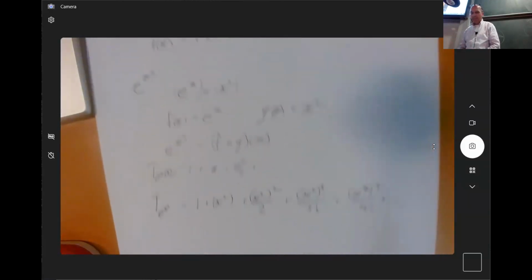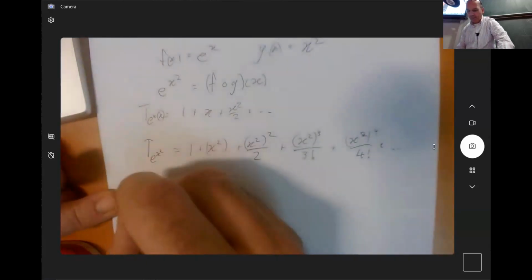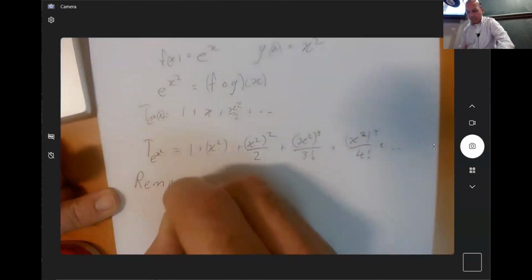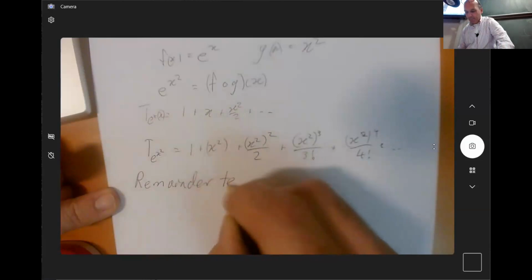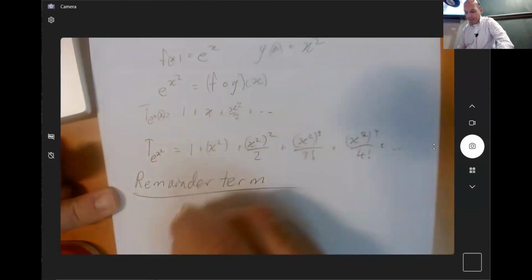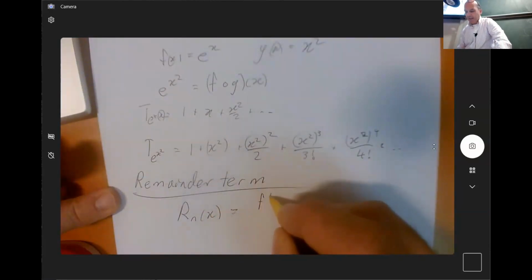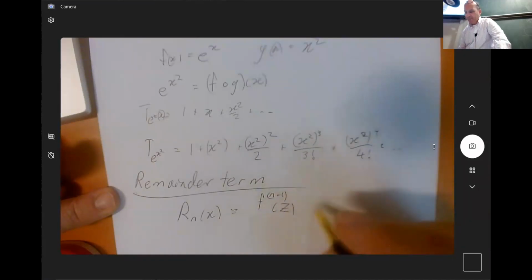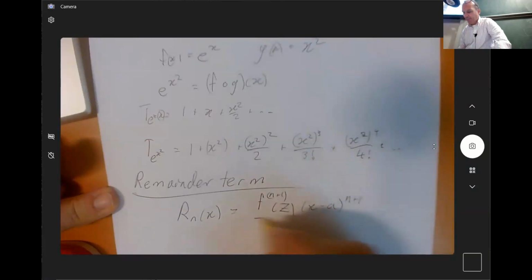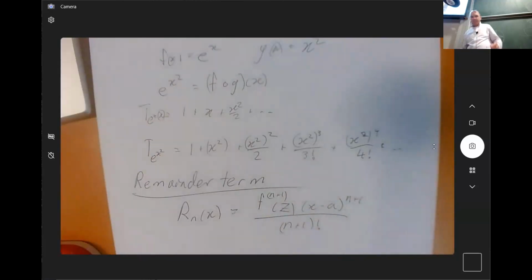But Taylor's theorem does talk about the remainder term, R n of x. It's the (n plus 1)th derivative evaluated at z, I'm going to say z because it's easier to write, times x minus a to the n plus 1 on n plus 1 factorial. This is pretty much what the next term of the Taylor polynomial would be.